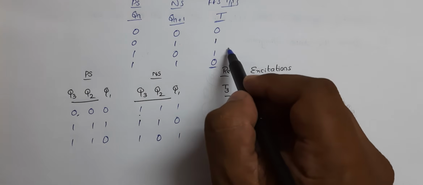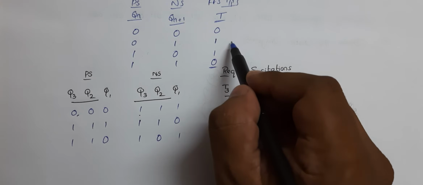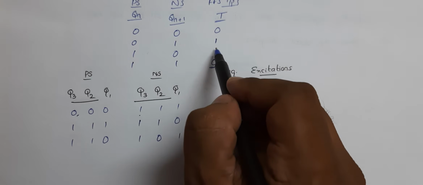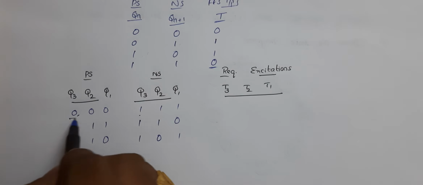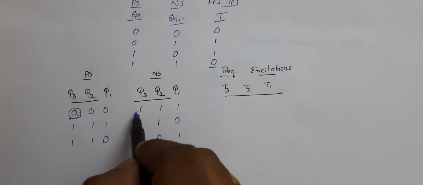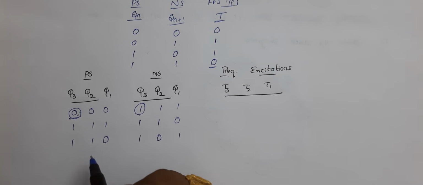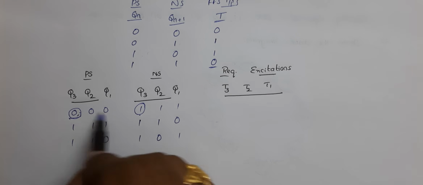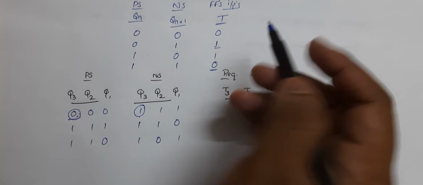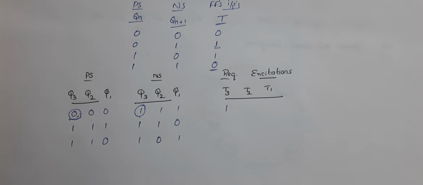By considering the excitation table, for the 0 to 1 condition, what is the input for the T flip-flop? 1. Here, present state output Q3 is 0 and next state output Q3 is 1. So 0 to 1, what is the input for the T flip-flop? That is 1. So simply note down 1.